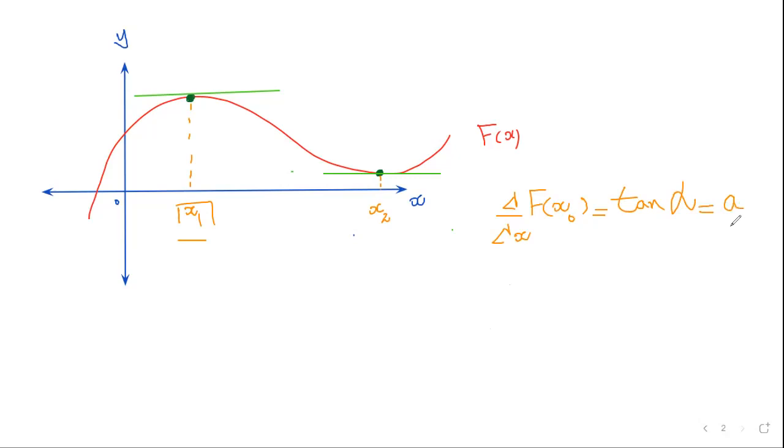It gives you A, the slope of the tangent. And if you remember, when we talked about that many sessions ago, we said that this very important line connects and reconciles the analytic perspective of the derivative of a function with its geometric interpretation.